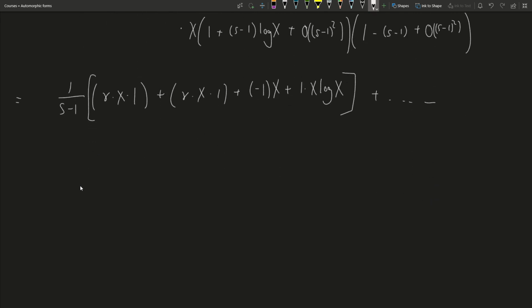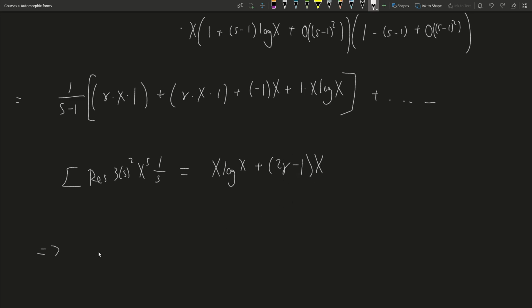And so that means that the sum of residues of zeta of s squared, x to the s times 1 over s, is going to be equal to x log x, and then the x coefficient we have here is 2 gamma minus 1, times x. Okay, that's our sum of residues.